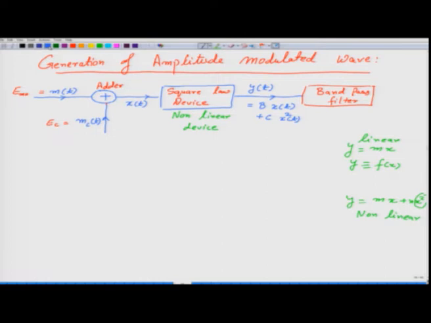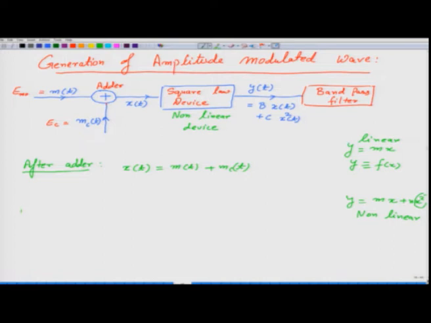What happens at the first block, the adder? After the adder, the signal that we get is x(t), which is equal to m(t) plus mc(t). That was our first block.